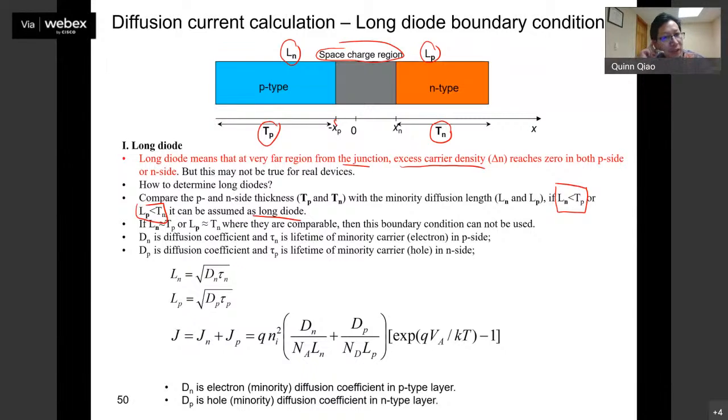So basically, let me go back to the diode again. You look at the diode here. The holes diffuse in this direction, and the electrons diffuse in this direction.